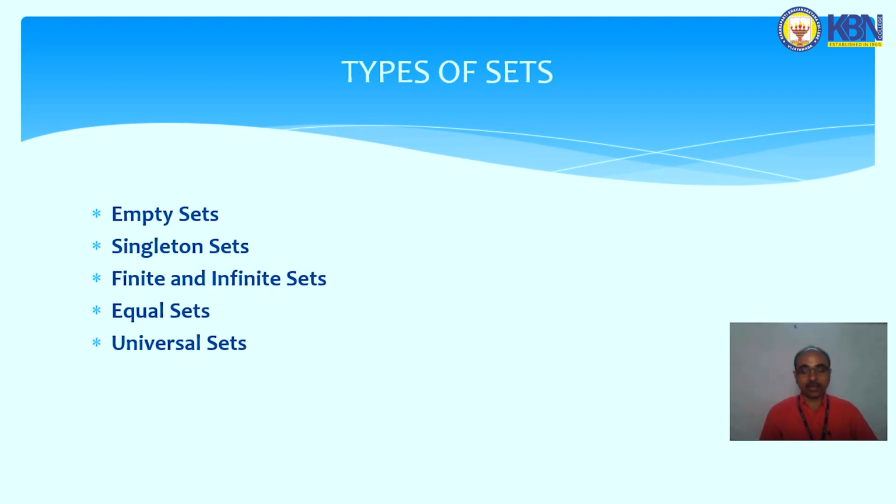Next one is equal sets. That means if 2 sets A and B have the same elements, that means if every element of set A is also an element of set B, and if every element of set B is also an element of set A, then sets A and B are called equal sets.